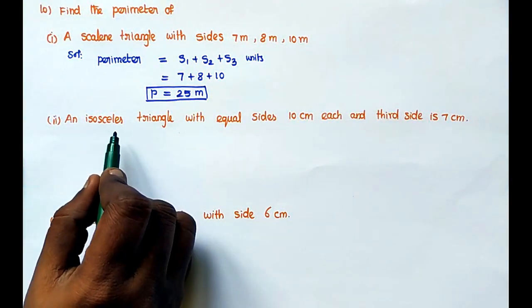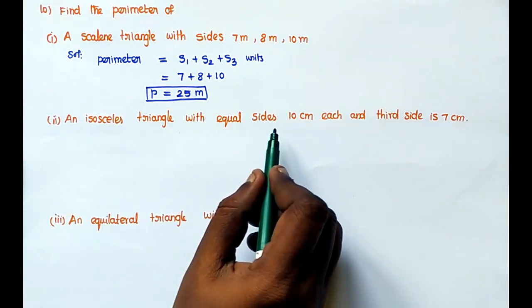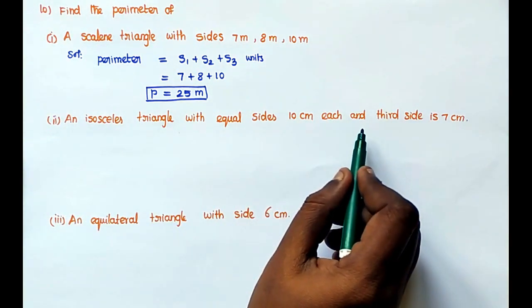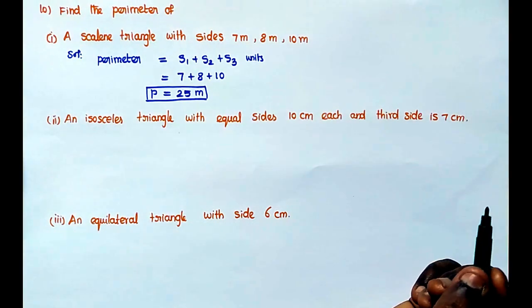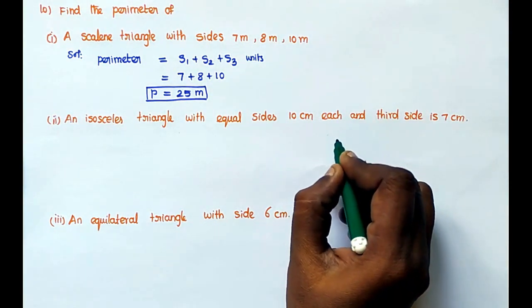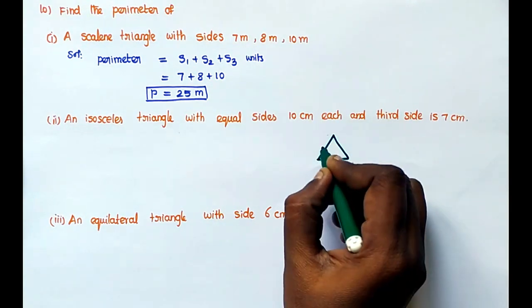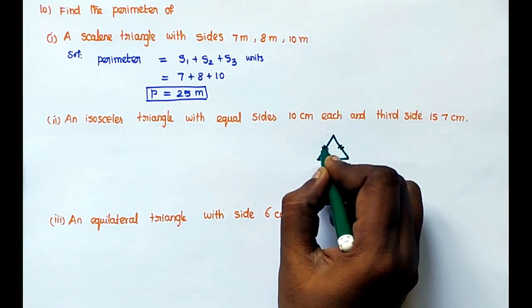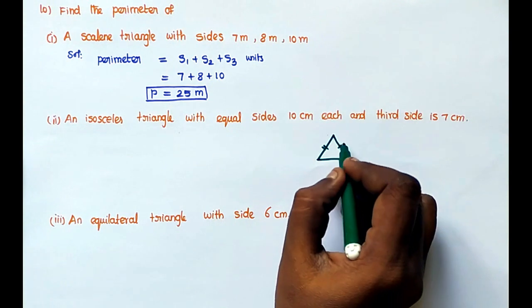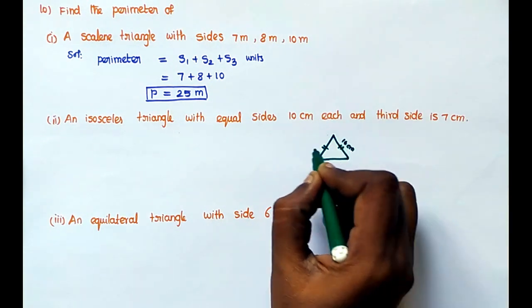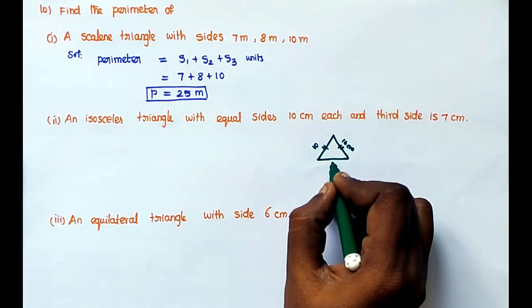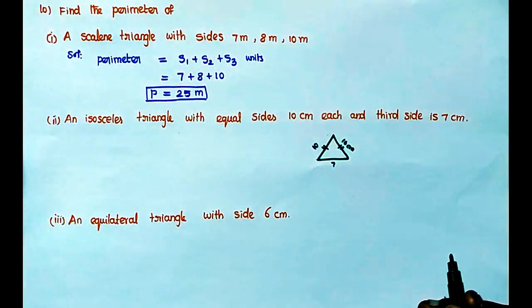Next one, second one, an isosceles triangle with equal sides 10 centimeter each and third side is 7 centimeter. Isosceles triangle means two sides are equal. These two sides, that is 10 centimeter and another one 7 centimeter.